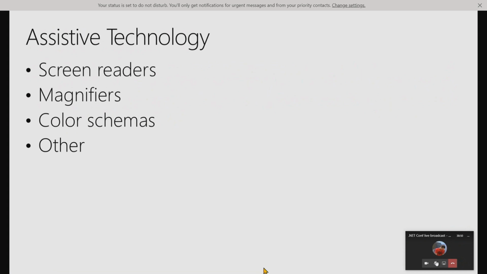Talking about visually impaired people, we can use screen readers. That is something that I am using right now to read all the text on the screen. We can use magnifiers, so I can apply zoom on the screen so I can read it better. We have color schemes, for persons who have color blindness or any kind of problems with different contrasts.